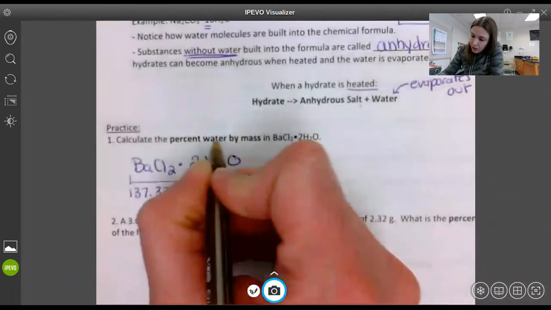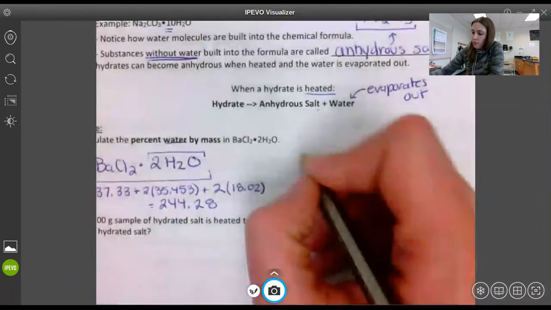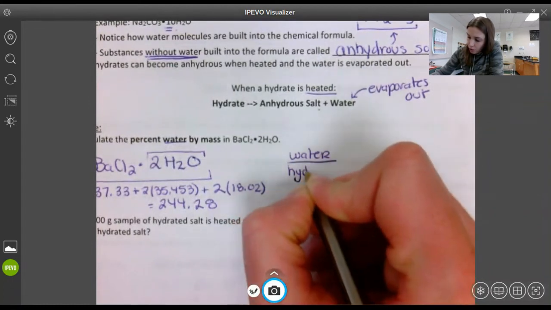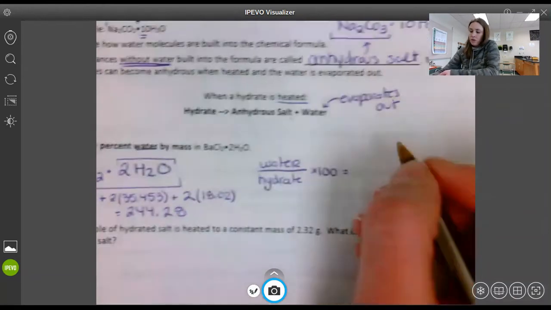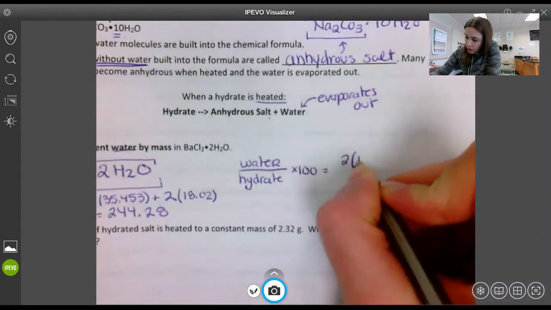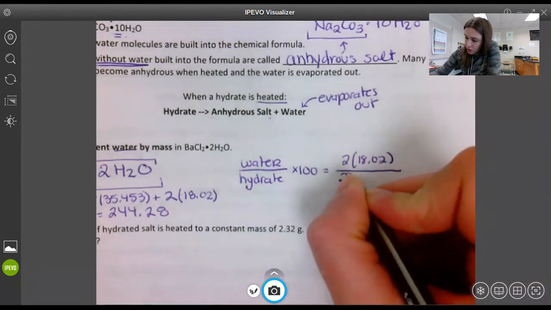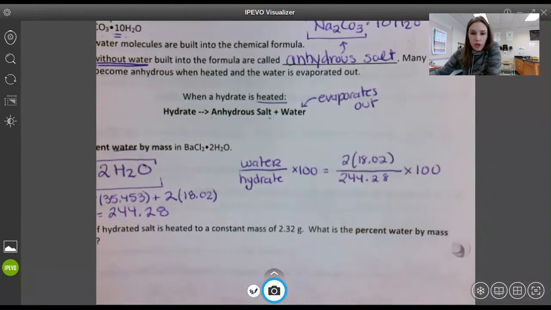Okay, and then I'm going to be looking at the water, so I'm just going to be interested in these 2 waters. So when I come over here, I'm going to have my part, which is going to be the water, over the whole thing, which is going to be the hydrate times 100. So for the water, I'm going to have my 2 waters times 18.02 over the mass of the hydrate, which is 244.28 times 100.